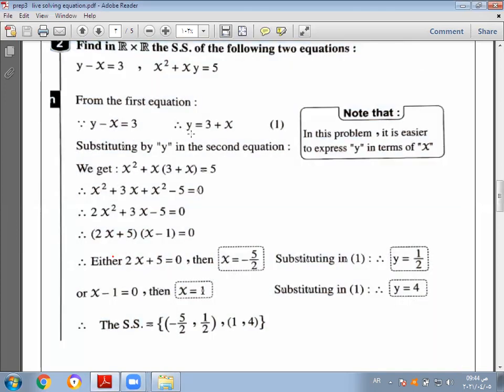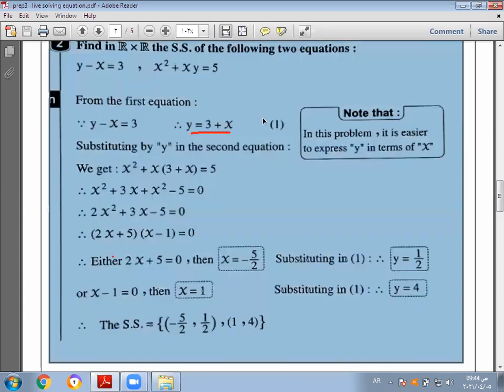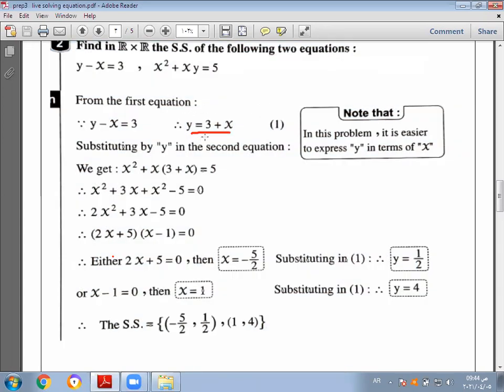We can say y equals 3 plus x, or x plus 3. Here y equals 3 plus x. We can replace this formula, y equals 3 plus x, in the equation x power 2 plus xy equals 5.